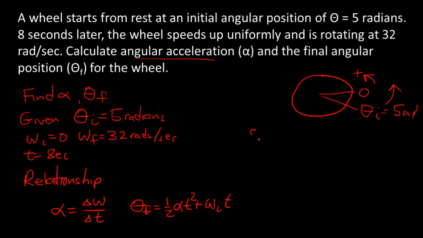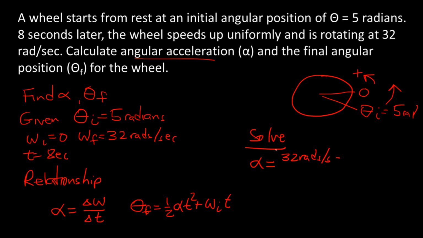Let's go ahead and solve this thing. Let's solve initially for alpha. It's going to be pretty straightforward. My change in omega is going to be 32 radians per second.